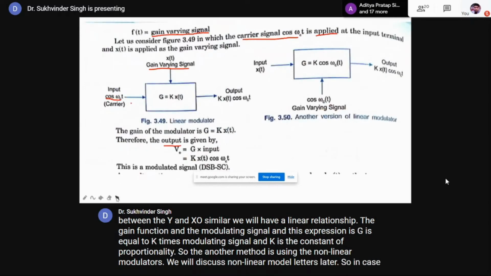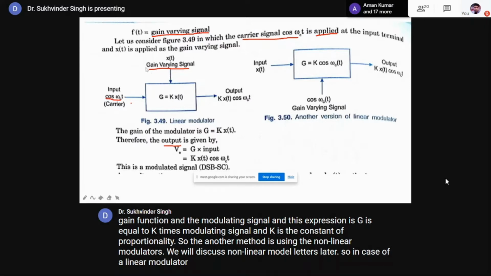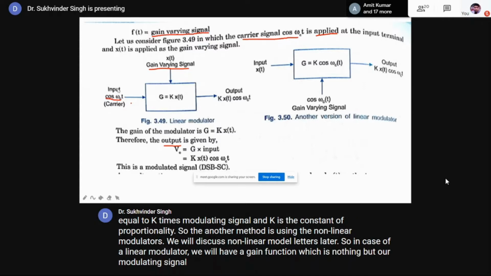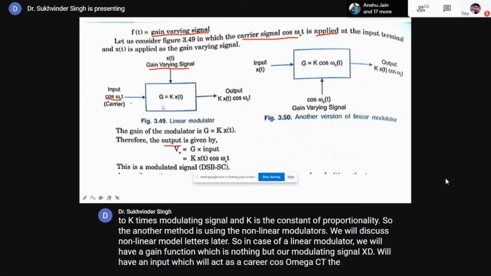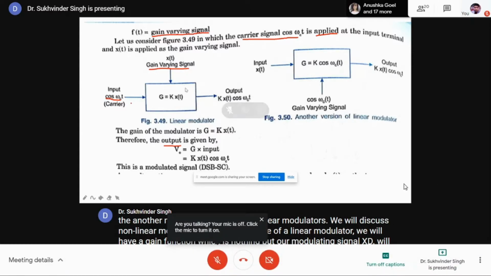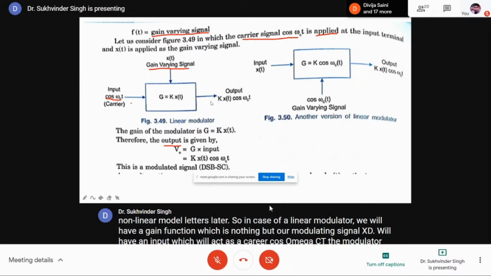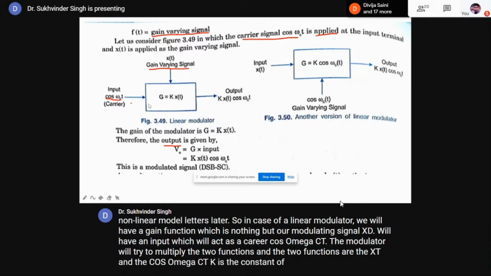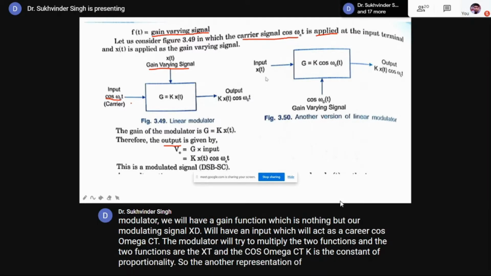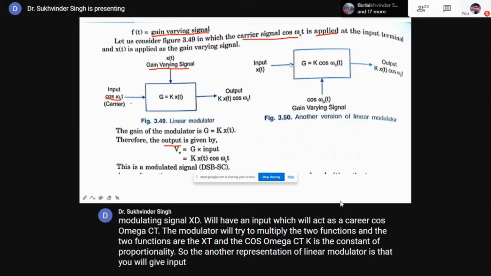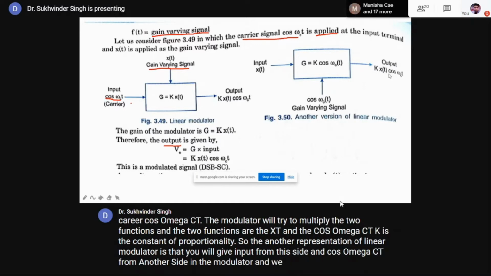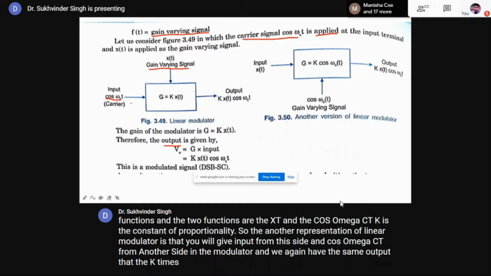So in case of a linear modulator, we will have a gain function which is nothing but our modulating signal x(t). We will have an input which will act as a carrier cos ωct. The modulator will multiply the two functions, x(t) and cos ωct. K is the constant of proportionality. Another representation of a linear modulator is that we give the input from this side and cos ωct from the other side into the modulator, and we again have the same output, K times x(t) cos ωct.